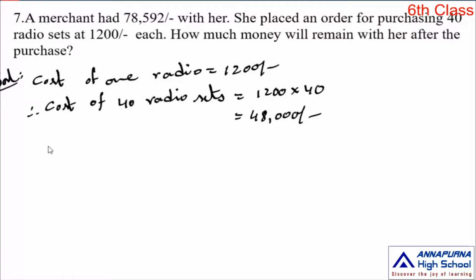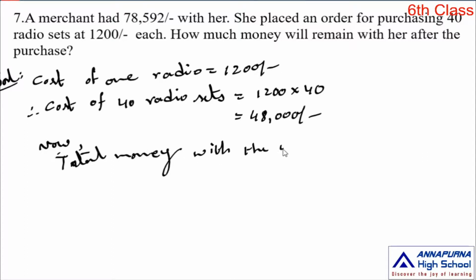Now, total money with the merchant. How much money is with the merchant? 78,592 rupees.